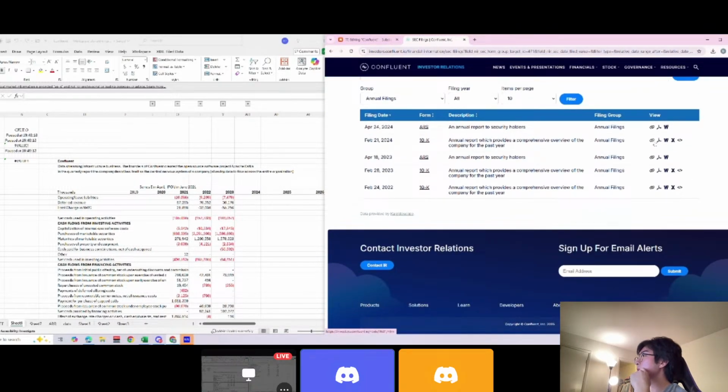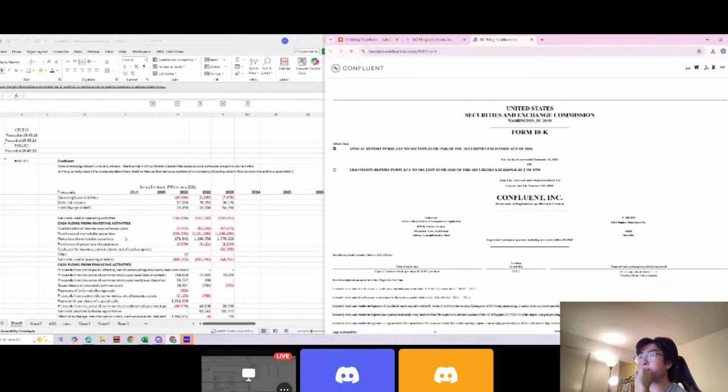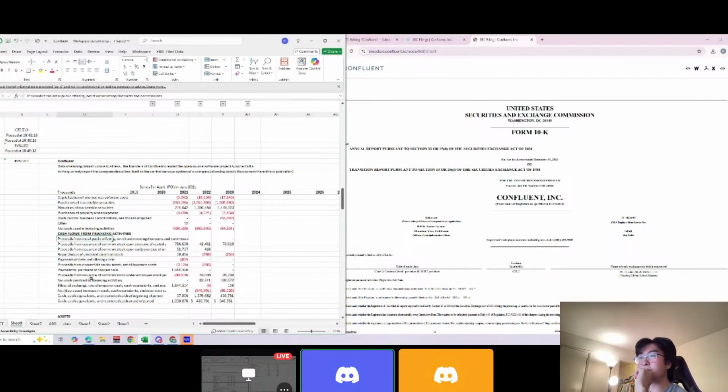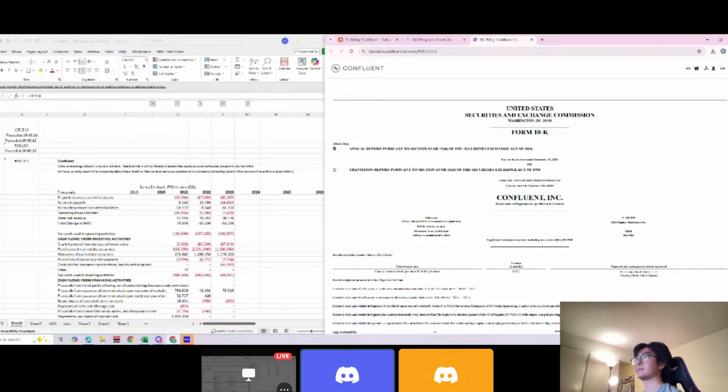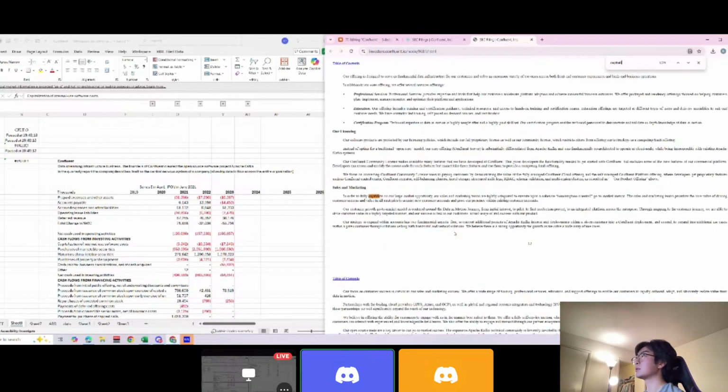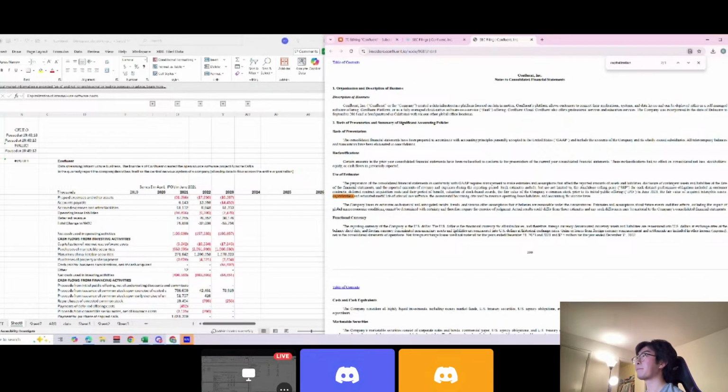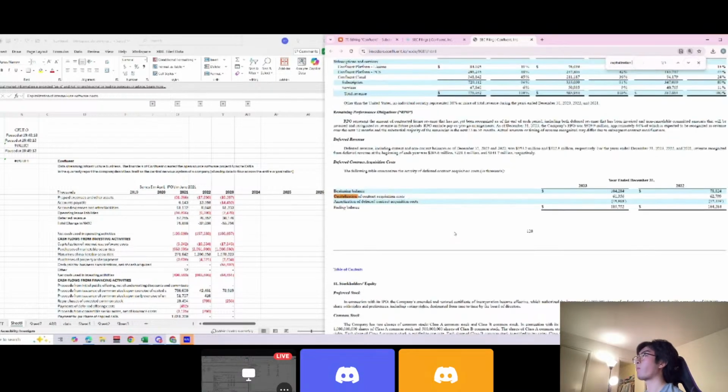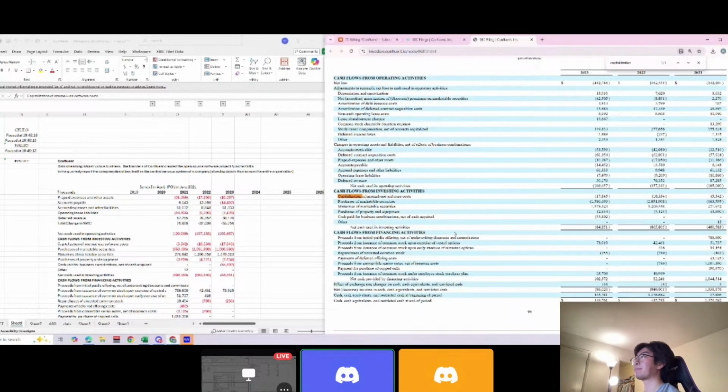See what is in this capitalization of internal software costs. I don't know if I can find it. There's just three items, Control F, but also maybe marketable securities.